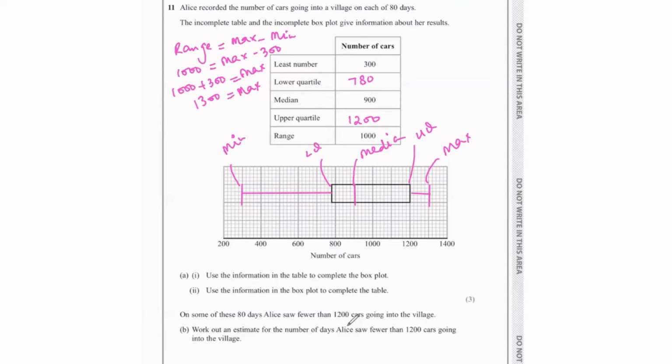Since 1200 is our upper quartile, upper quartile is 3/4 of our total number, which is 80. So 4 times 20 is 80, so 3 times 20 is going to be 60. So 60 is the estimate of the number of days Alice saw fewer than 1200 cars going into the village.